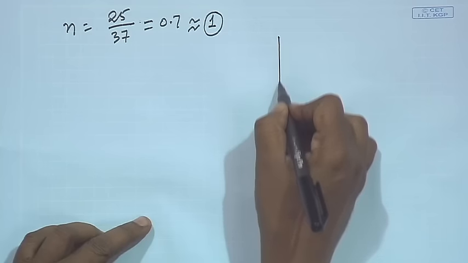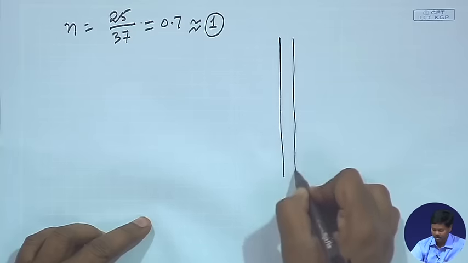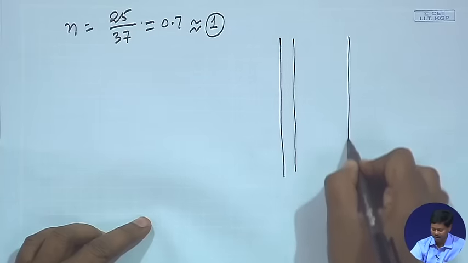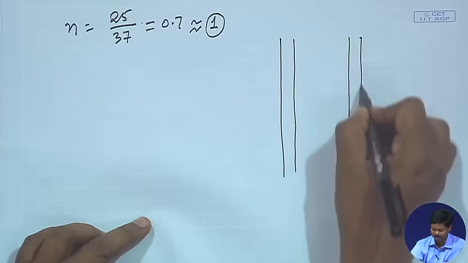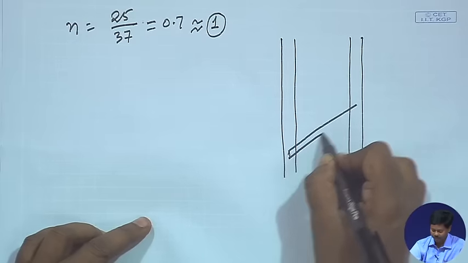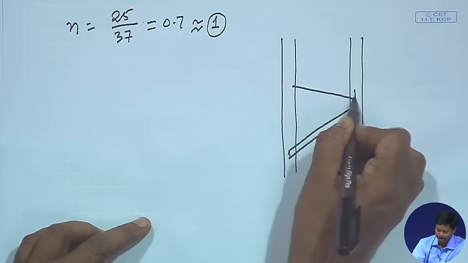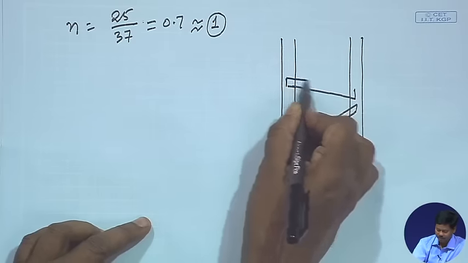Now, after bolt connection, another important thing we need to remember is that when we are connecting the compression member, the built up member by lacing system, we have to provide tie plate at the end, say for example, this one.